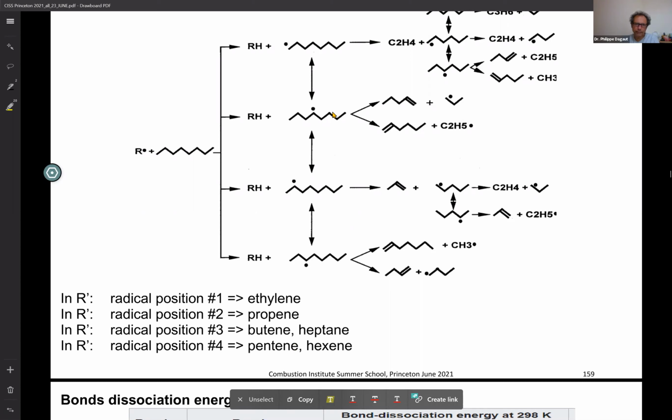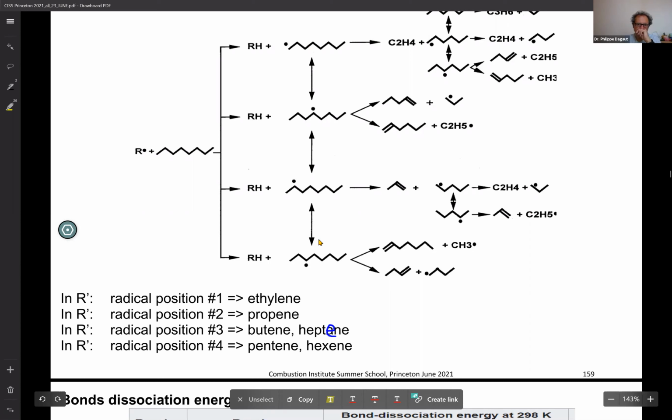And you can see that these different radicals can also react through isomerization, internal H atom transfer. So this is a scheme only for the pyrolysis of a relatively simple normal alkane.